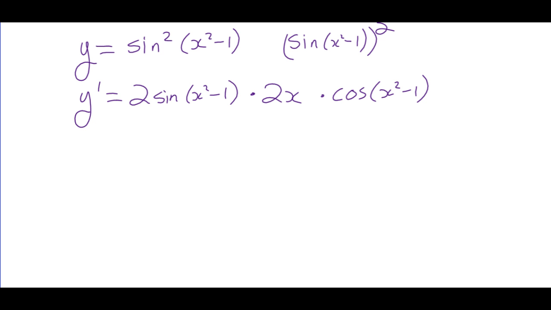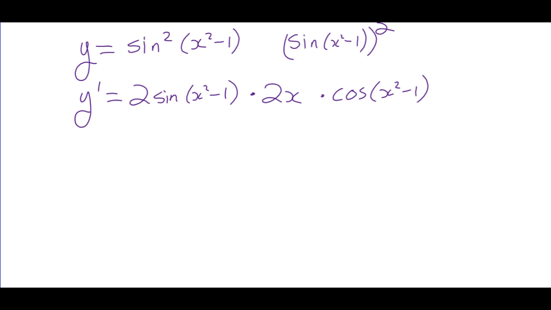So the outer function is 2 times the sine of this to the power of 1. Inner function, which is 2x. Other inner function, right, because that's sine, so we have to do the cos of x squared minus 1.